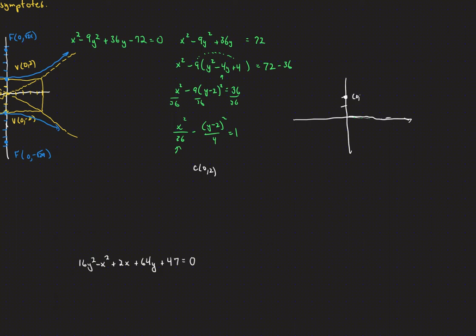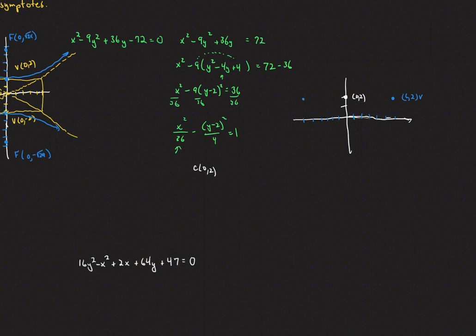Now that's not really a point on the curve, but we're going to go from there 6 in the x direction. So we'll go 1, 2, 3, 4, 5, 6. That's going to be right there. That's going to be at the point 6, comma 2. That's one vertex. We'll go 1, 2, 3, 4, 5, 6.